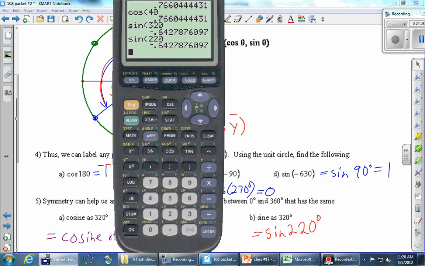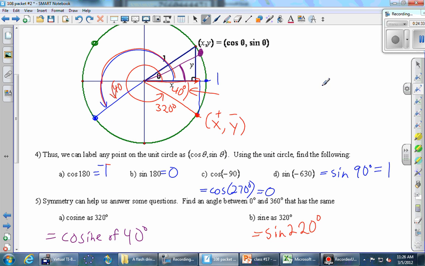Sine over cosine. So this is a little aside that will come in later. Sine is the y, cosine is the x, right? Let's also think about sine over cosine in terms of SOHCAHTOA. Sine is opposite over hypotenuse.